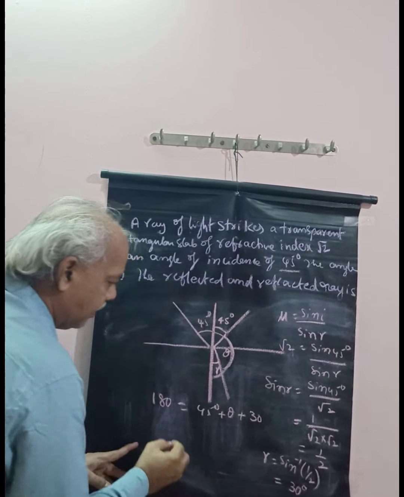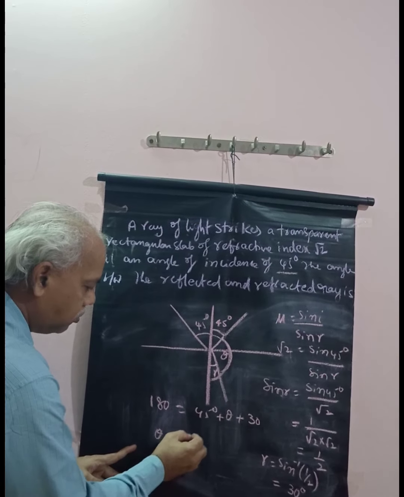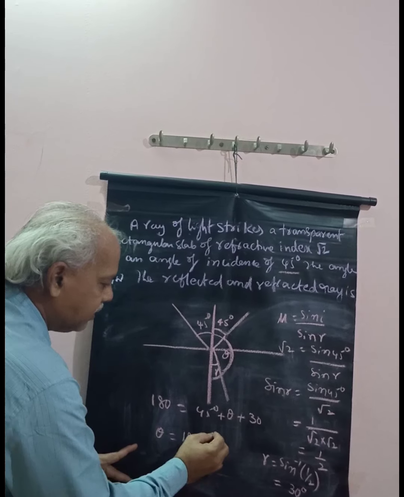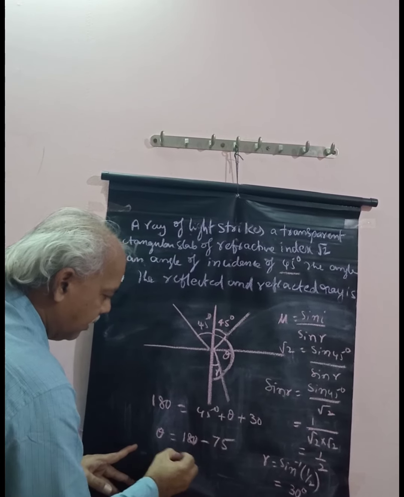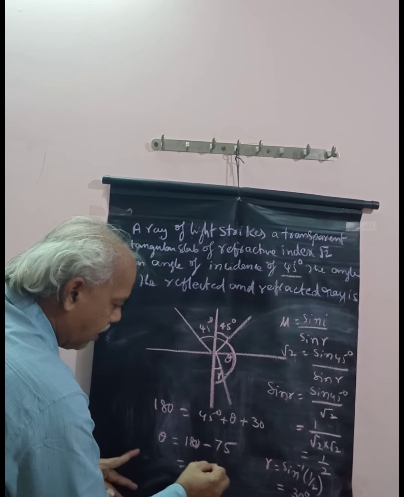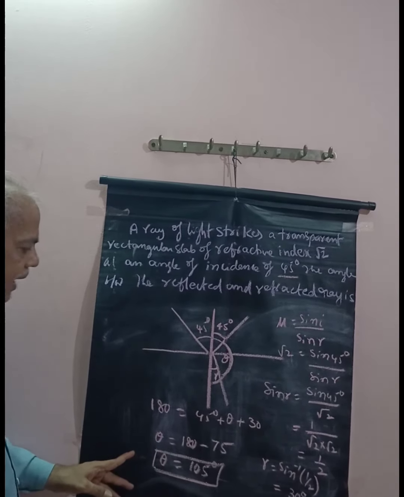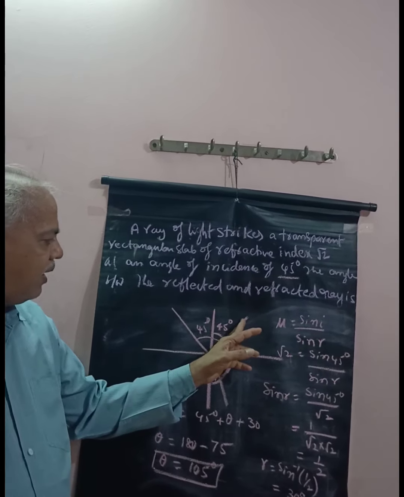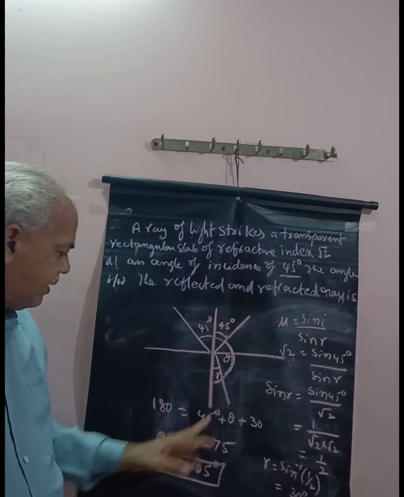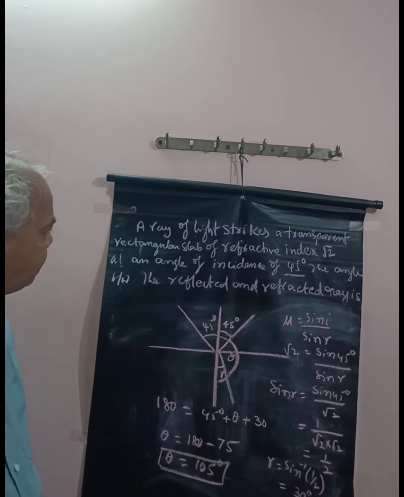Then theta is equal to 180 minus 75, that is 105 degrees. So the angle between the reflected ray and the refracted ray is 105 degrees.